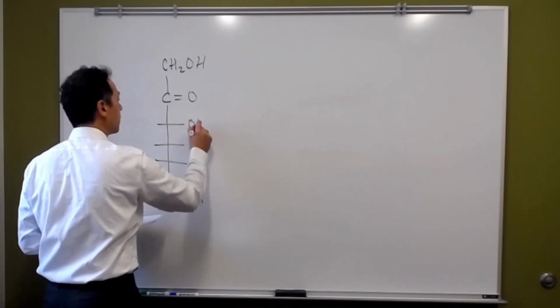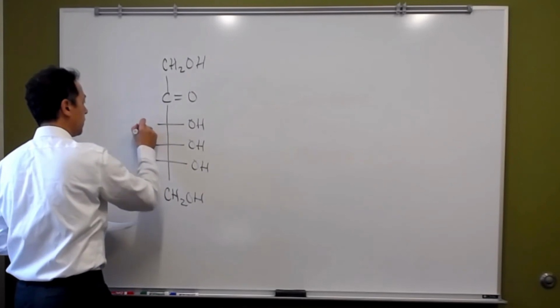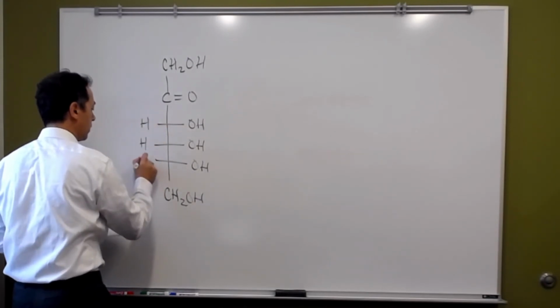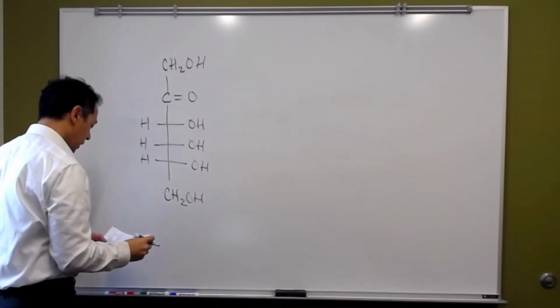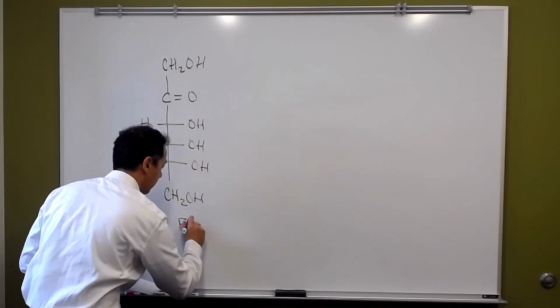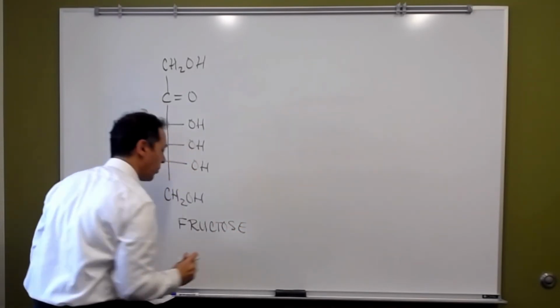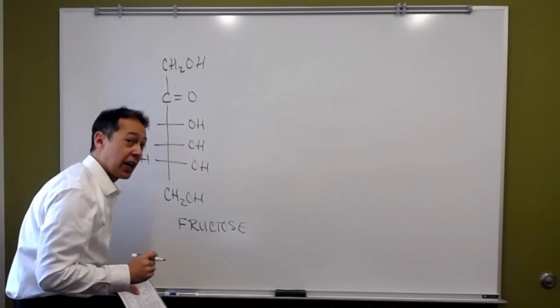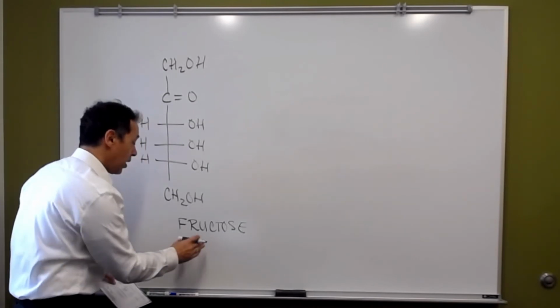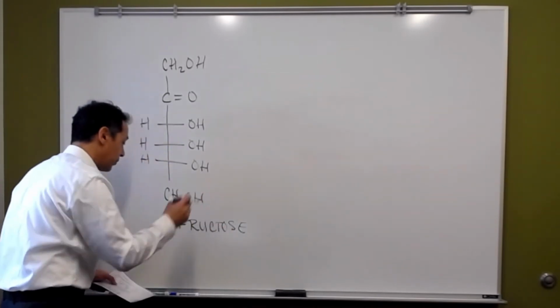And this one is fructose. You might recognize fructose from high fructose corn syrup. It's commonly found in fruit, which is why it gets its name fructose.